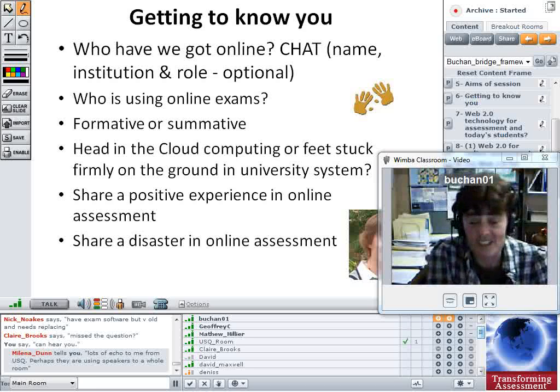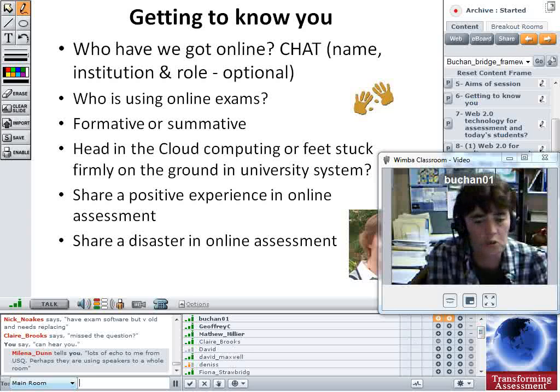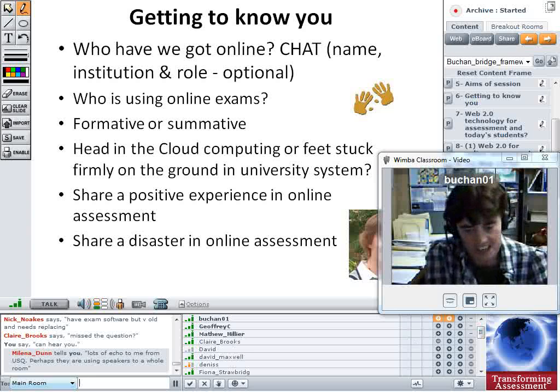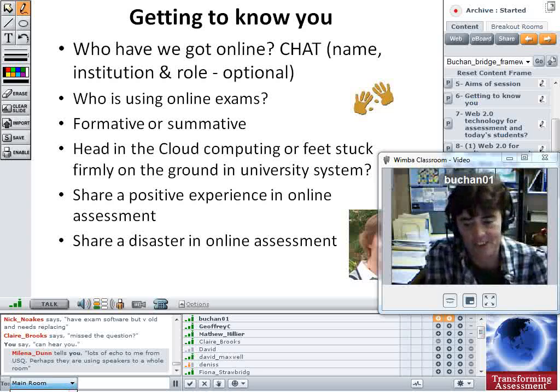Sharing a disaster in the online assessment, that's where my reflection started. Where you go with lots of plans and it doesn't always go according to plan. I don't know if anybody has anything that they can share, but perhaps a smiley face or a non-smiley face might be sufficient to allow us to empathise with those that have probably learnt by experience.